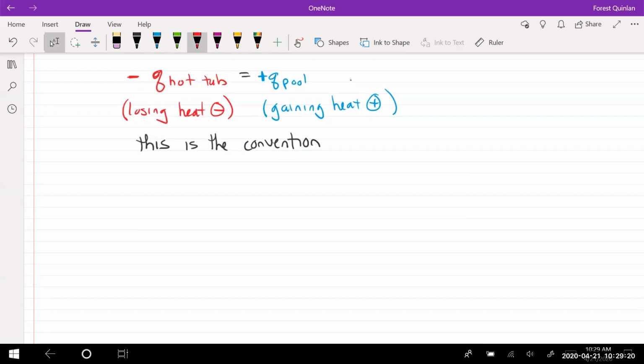So what we do now is we set this up. I like to say we have two things. We have our hot tub and we have our pool. Our hot tub is going to cool down. Our pool is going to heat up.